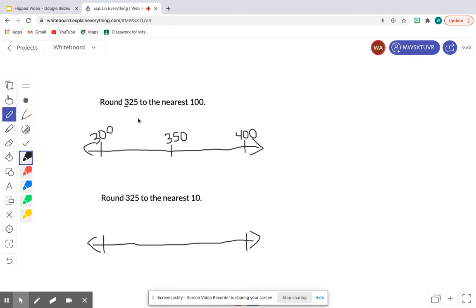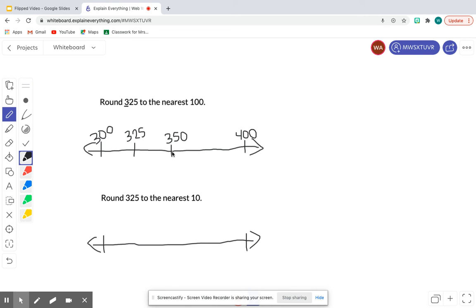Okay, so where does 325 fall on this number line? 325, is it less than or greater than our midpoint, 350? It's less than, so I'm going to plot it about right here. All right, and so 325 will go about right there.